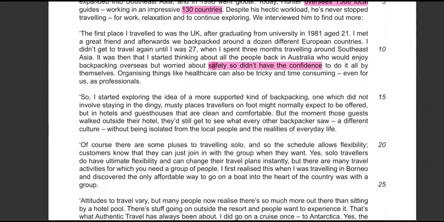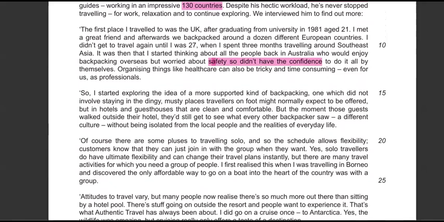So I started exploring the idea of a more supported kind of backpacking, which did not involve staying in the dingy, musty places travelers on foot might normally expect, but in hotels and guest houses.